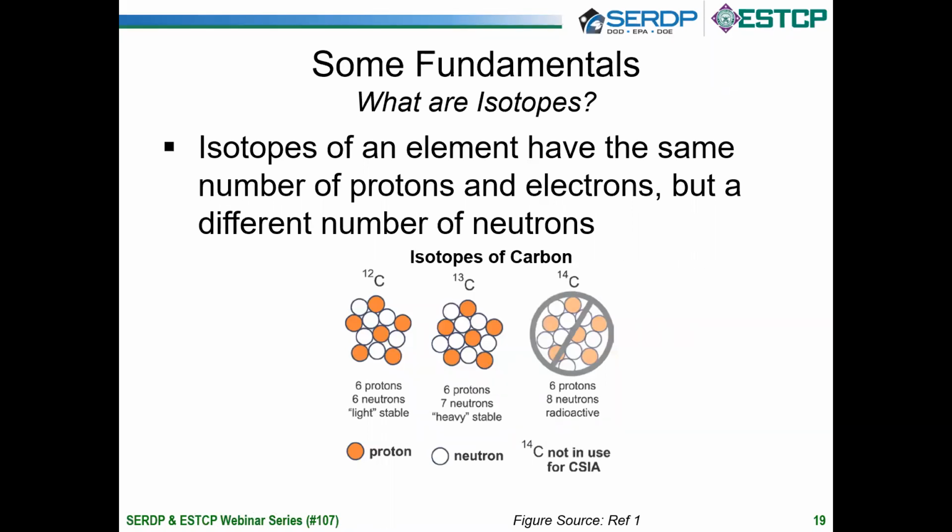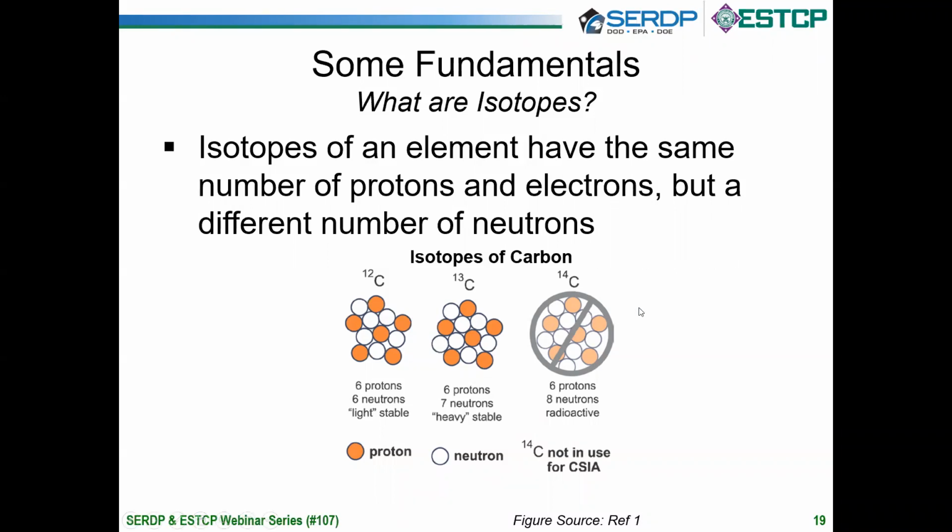But there's a version of this, C13, which is also a stable isotope. It's not decaying, and it has an extra neutron. So it has the same 6 protons that make it carbon, but an extra neutron. So its charge to mass ratio is a little bit different than carbon-12.